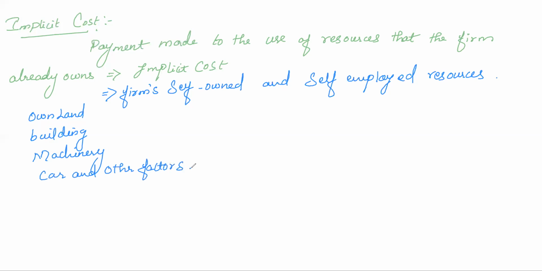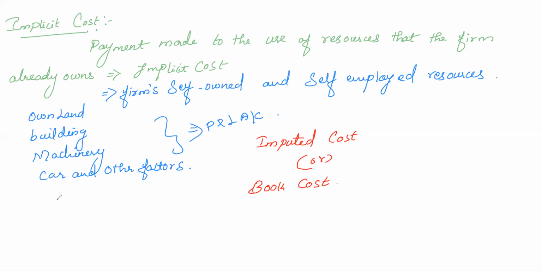Okay, so these are not recorded under normal accounting practices as no cash payments take place. However, the value of own services is imputed and considered for preparing the profit and loss account. So implicit cost is also called imputed cost or book cost.